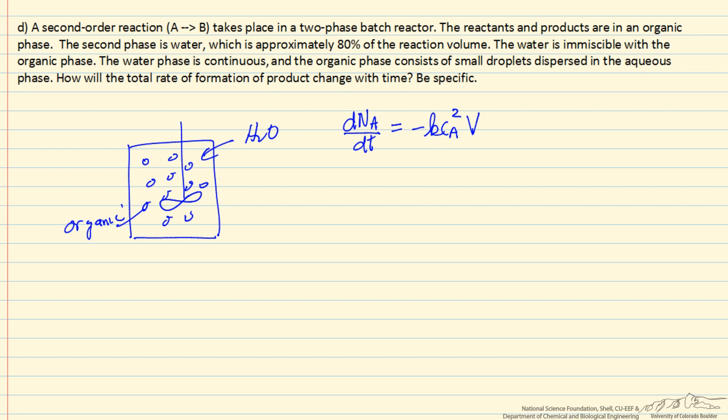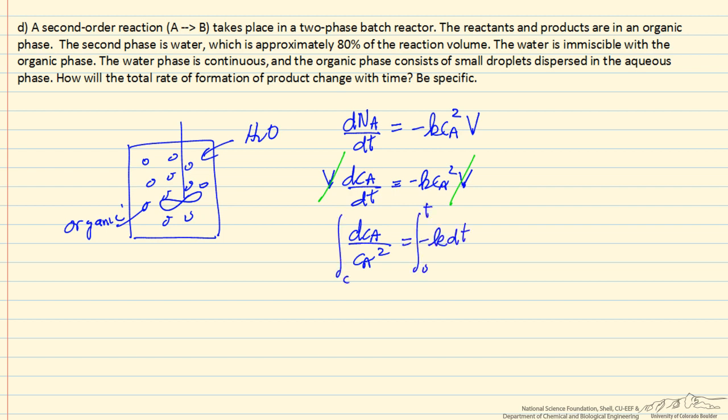A reasonable approximation is that the volume does not change significantly, so that we could factor the volume outside the derivative, and then the volume cancels, and then we can separate variables and integrate from 0 to t, from our initial concentration to our concentration at a later time.